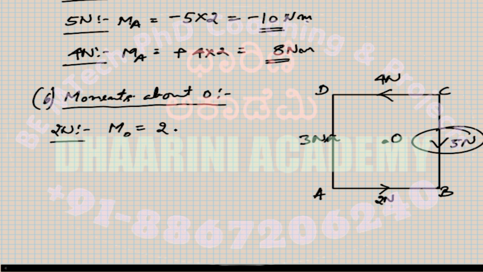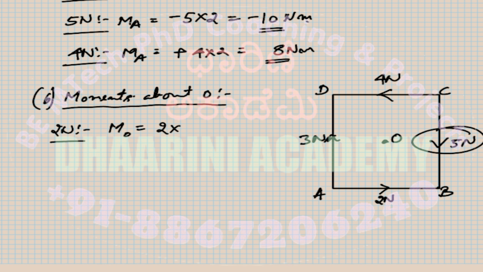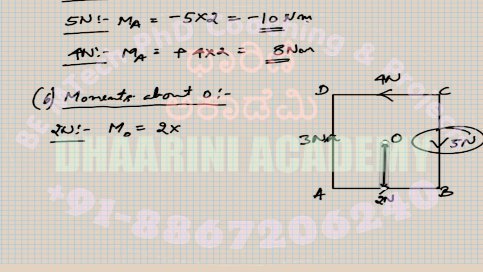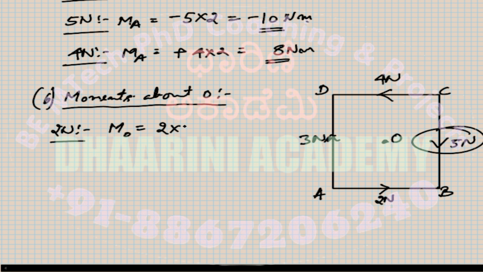That is 2 Newton into the perpendicular distance, right? What do you mean by the perpendicular distance in this case? That is the distance between O and this 2 Newton force. It is nothing but half of the side of your square. So each side is 2 meters, so the distance is 1.